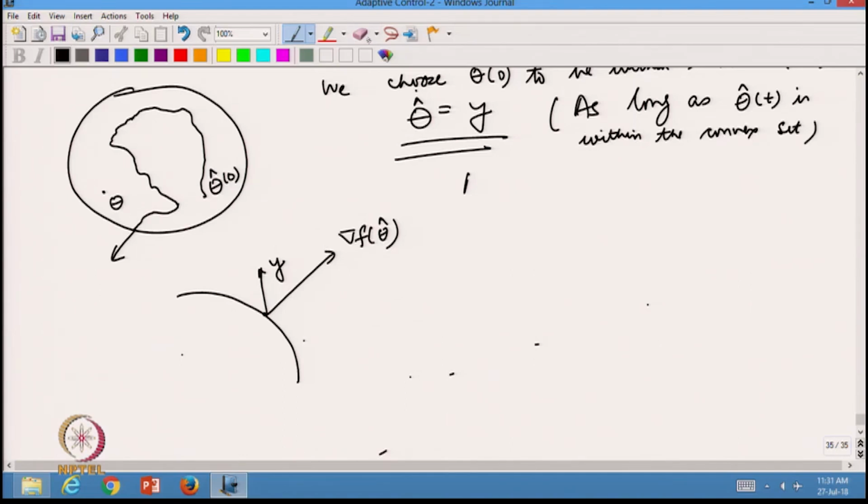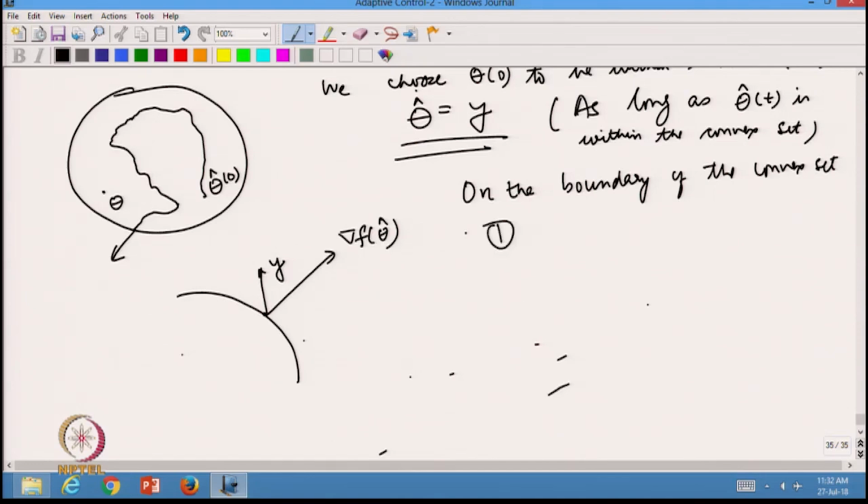So, we do not do any modification to it. Okay. And then on the boundary of the convex set, there are two cases.